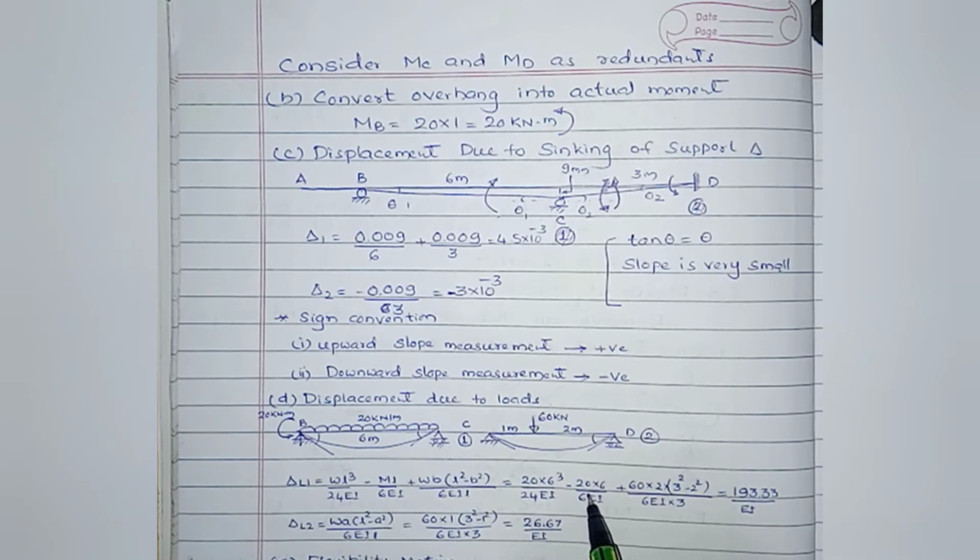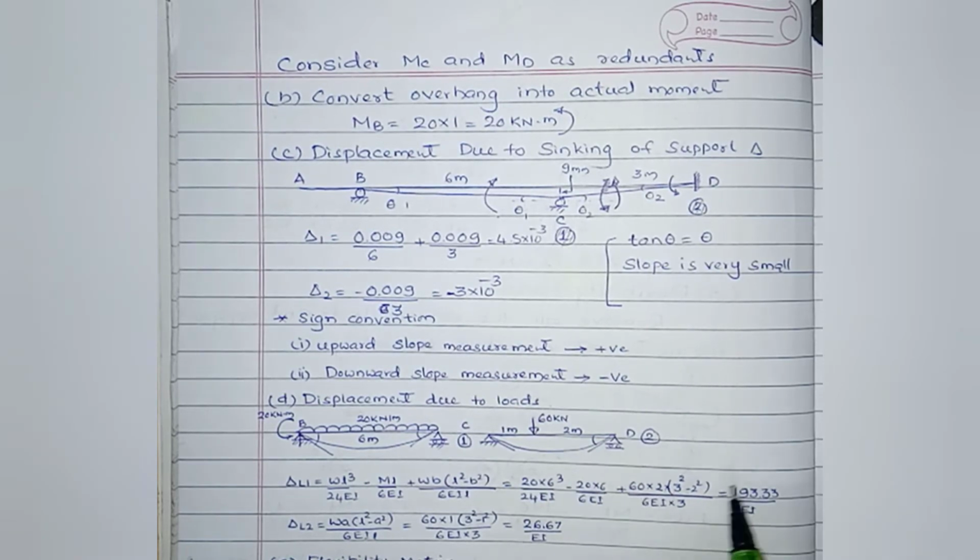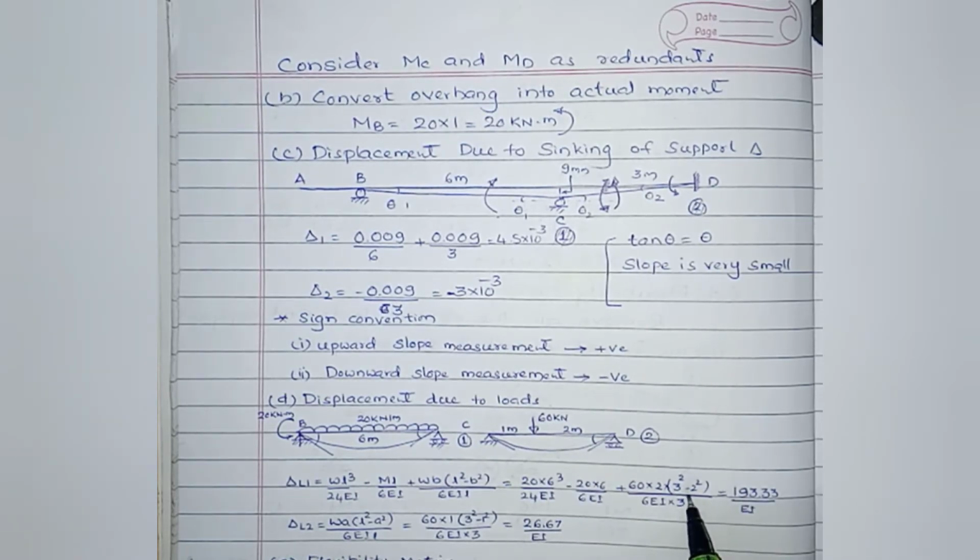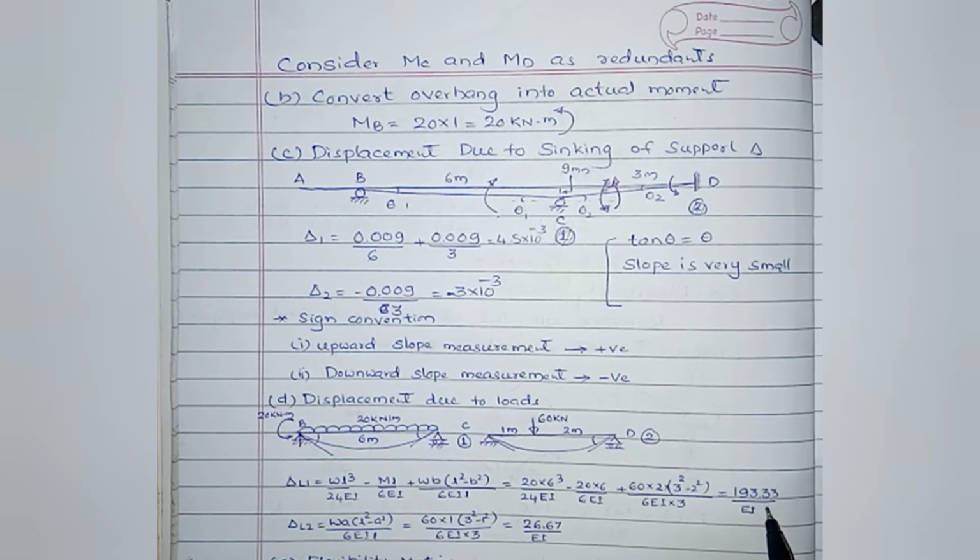Moment is hogging, minus 20 into L is 6 divided by 6 EI. Here in the span CD, W is 60, B is 2 meter, L square minus B square, that is 3 square minus 2 square divided by 6 EIL, 6 EI into 3, by simplification, that is 193.33 by EI.